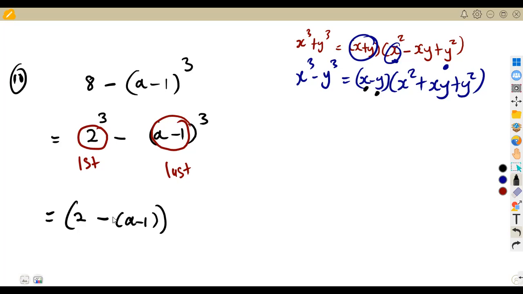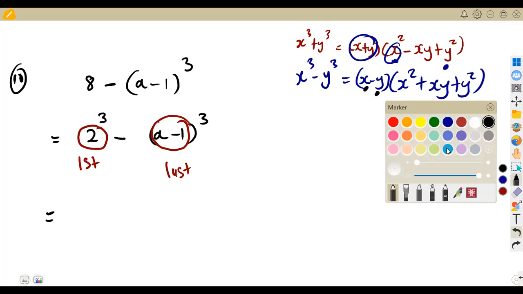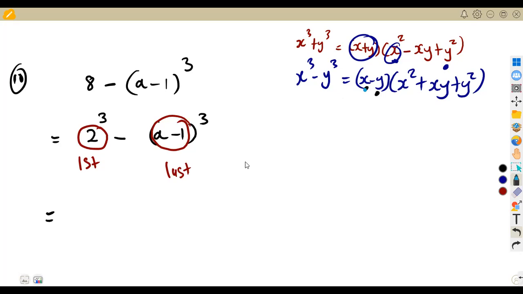You are back to simplification of your algebraic expressions. So let us just simplify. We have the first term, 2, minus the last term, which is (a minus 1). We expand our brackets: negative 1 multiplies everything.